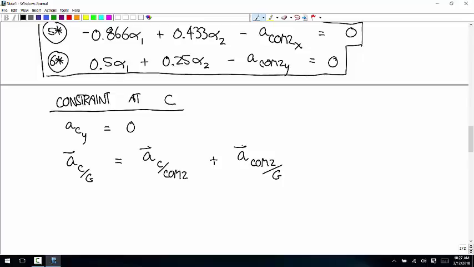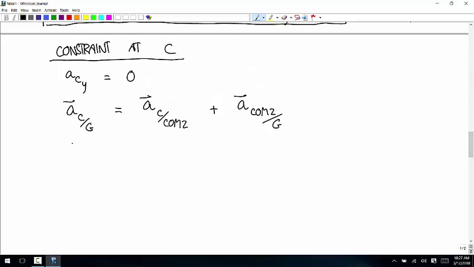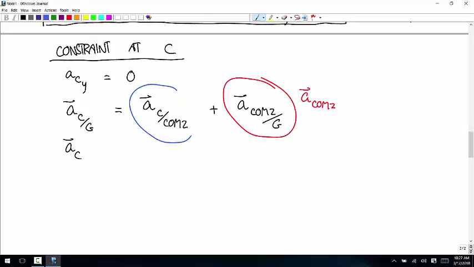And again, we chose that second reference point at the center of mass of 2 just because that's something we already have in our list of variables. You could do it for any point you want, but then you just add more variables, and we're trying to catch up to the number of variables we have. So the acceleration at c, this one is just the acceleration of the center of mass of 2. This one's the watermelon equation.